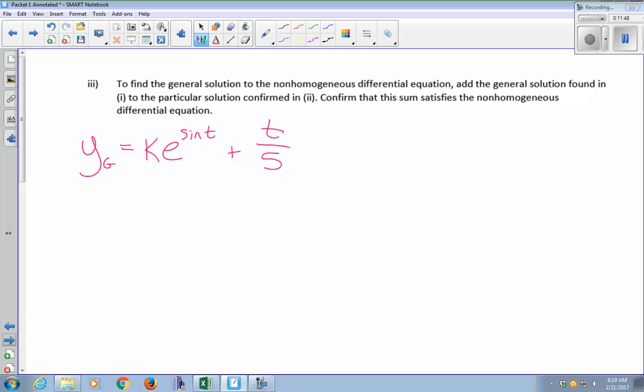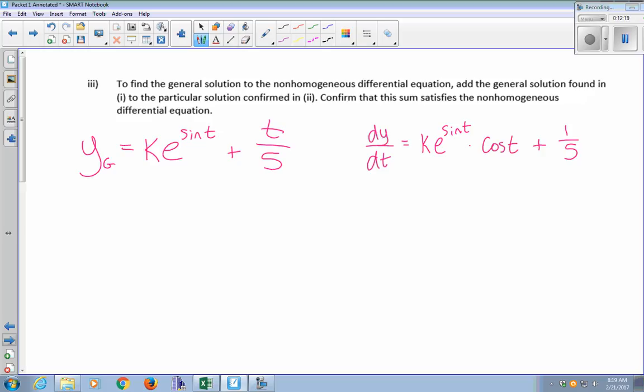And then I want to confirm that that satisfies the non-homogeneous differential equation. So if y is k e to the sine t plus t over 5, let's look at dy dt. What's the derivative of that? The derivative of k e to the sine t would be k e to the sine t times cosine t, chain rule, right? And then plus the derivative of t over 5 is 1/5.